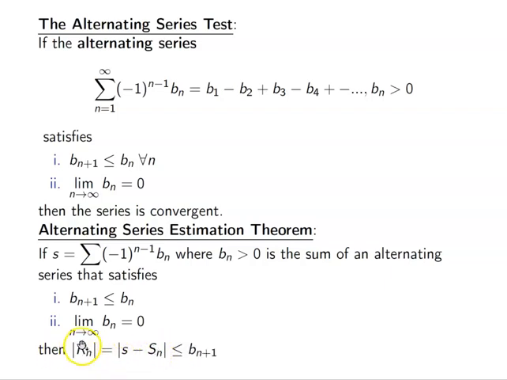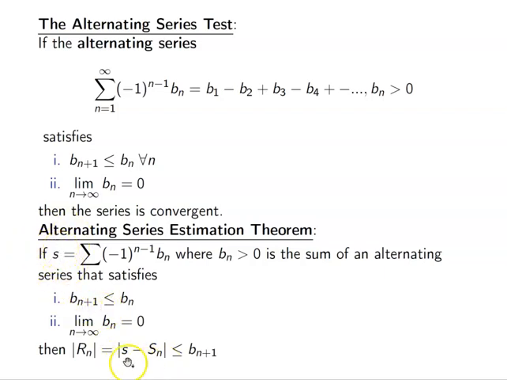My remainder is always going to be less than or equal to the value of the next term in the sequence. Let's look at this for a second and decompress it a little bit. I have an alternating series that converges by the alternating series test, and it converges to some value s.